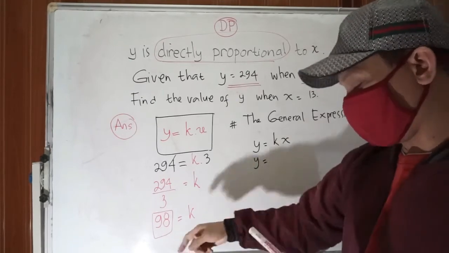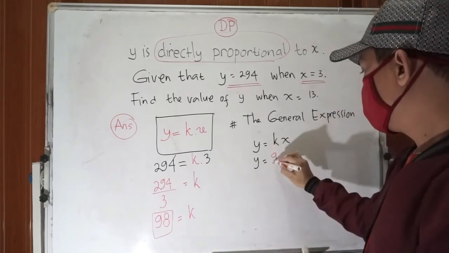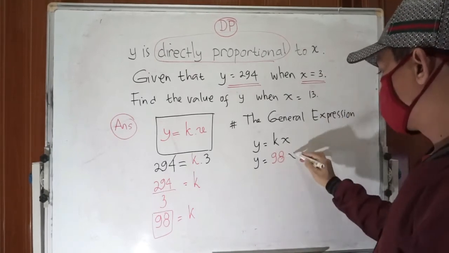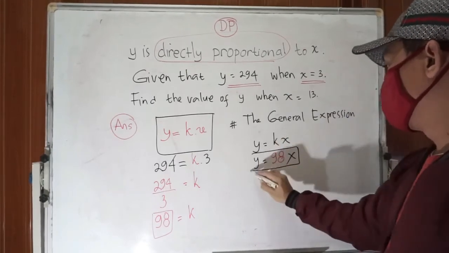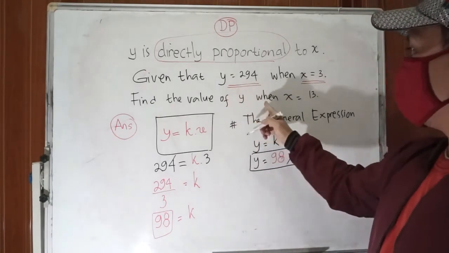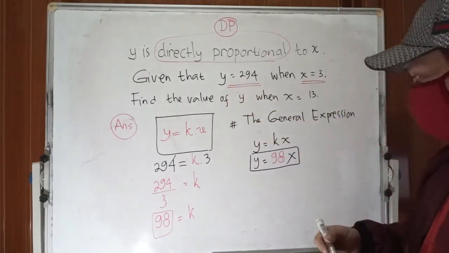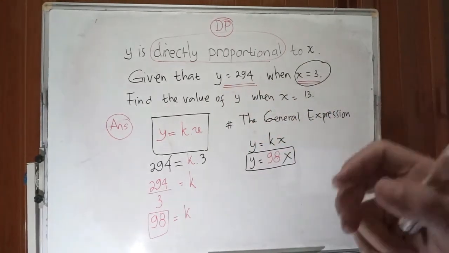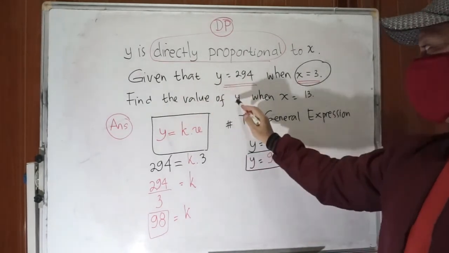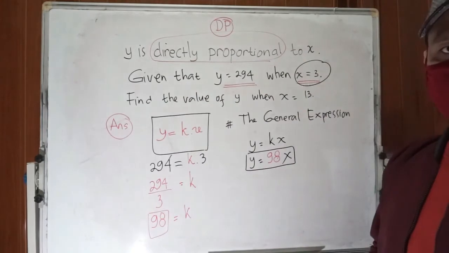Just insert k, so y equals 98x. This is the expression in x. Next, find the value of y when x equals 13. Okay, the next question is find the value of y when x equals 13.